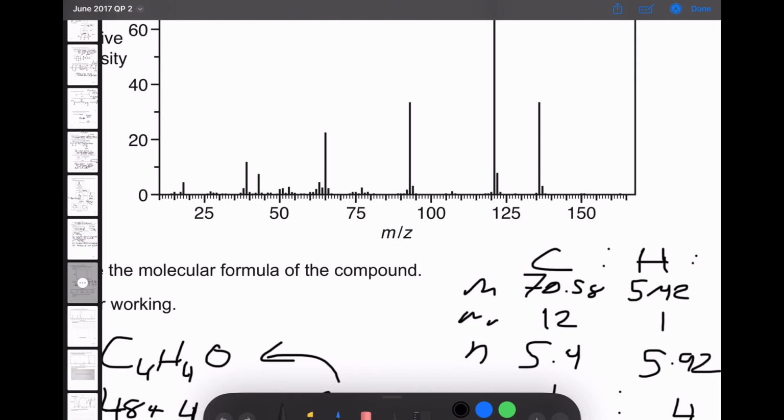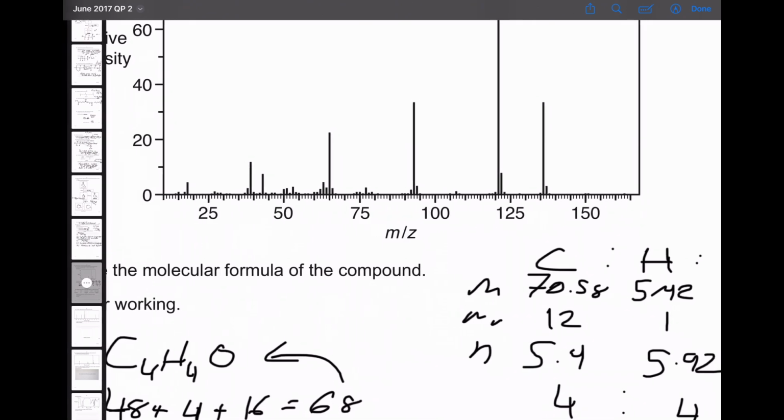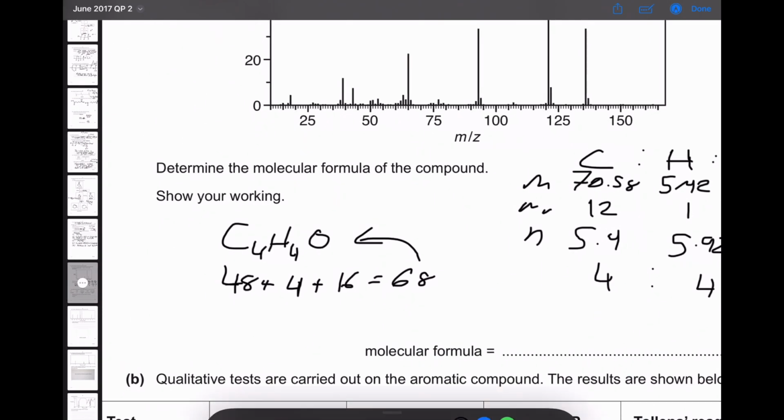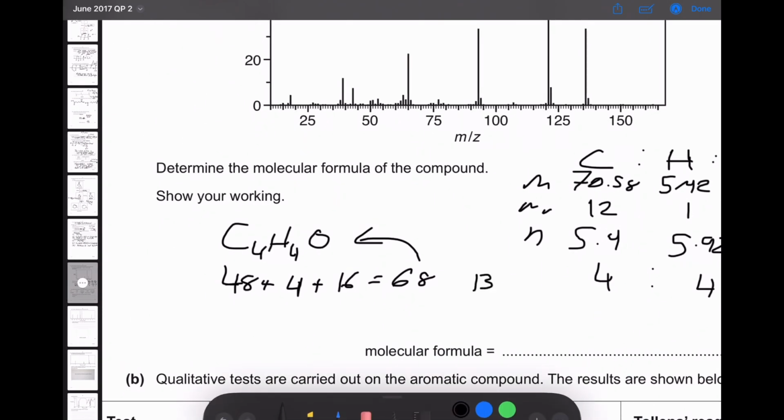That's at 136, and 136 divided by 68 gives us 2. So we're going to double everything in our empirical formula. So it's going to be C8H8O2.